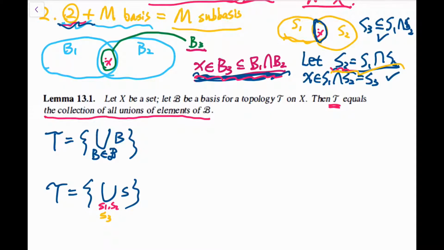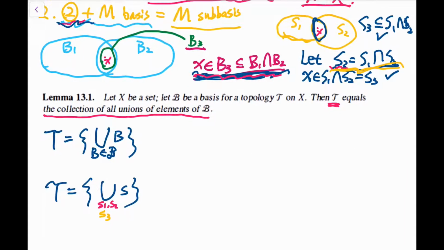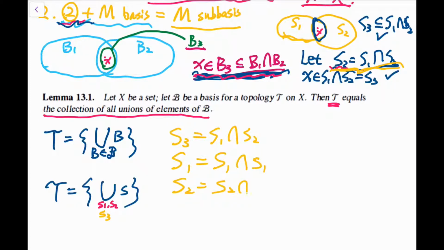For S3, we say it is the intersection of S1 and S2, and we can also say S1 is actually the intersection of S1 with itself. Similarly, S2 is the intersection of S2 and S2.